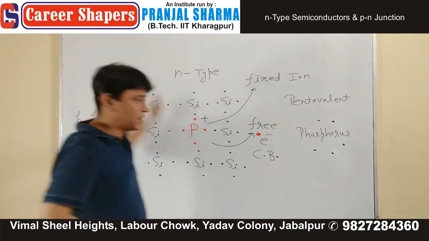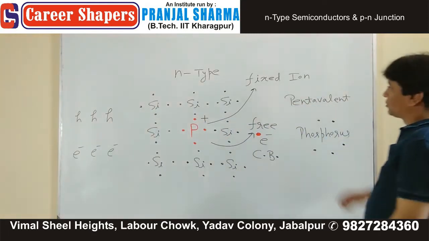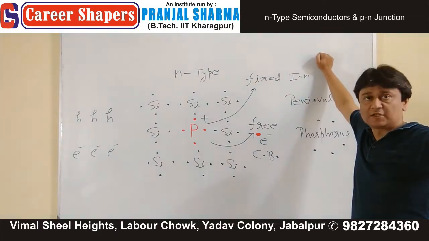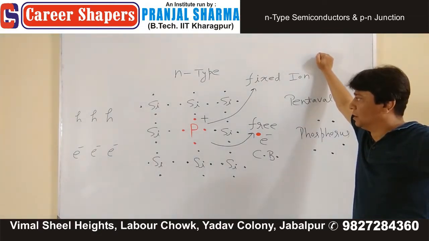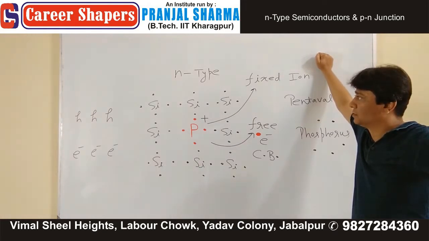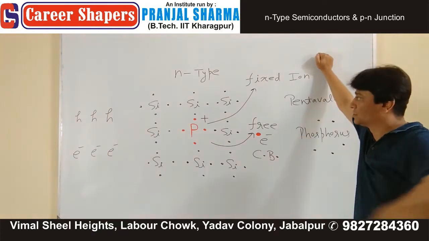Out of these 5, 4 electrons participate in covalent bonds with neighboring silicon atoms.